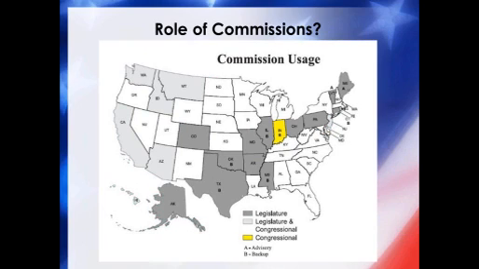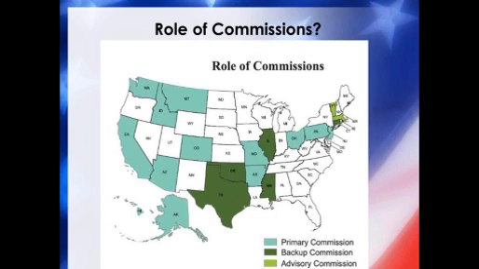Next slide talks about the role of the commission and where commissions are utilized for some of the process, be they an advisory commission or a backup commission. If the legislature fails to enact a plan, it may go to a commission to come up with a plan as another alternative. But you can see here where the legislature and the congressional districts, those redistricting processes, can be involved in some of the commission usage.